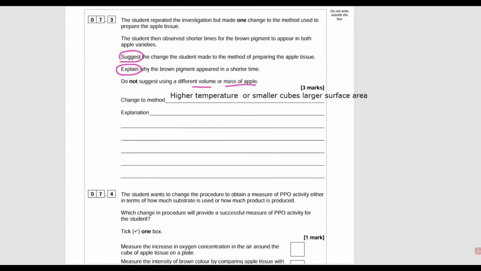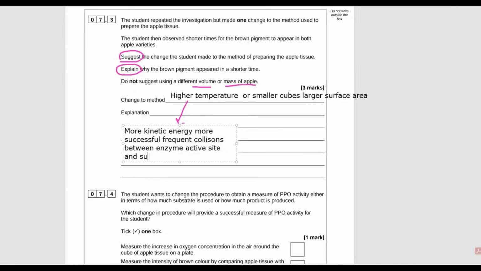Now, the explanation for the higher temperature, why does that react faster? What we want to say is more kinetic energy, more successful frequent collisions between enzyme active site and substrate, resulting in more substrate enzyme complexes forming per second.